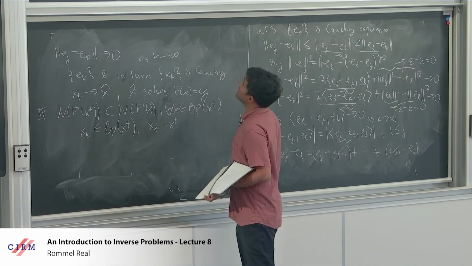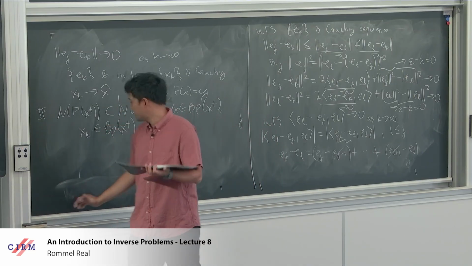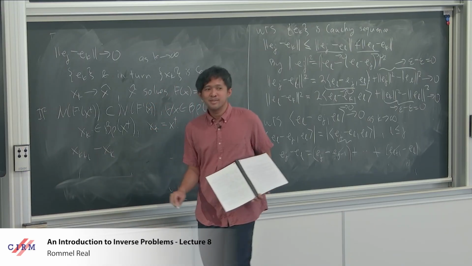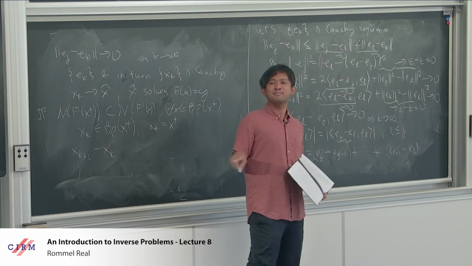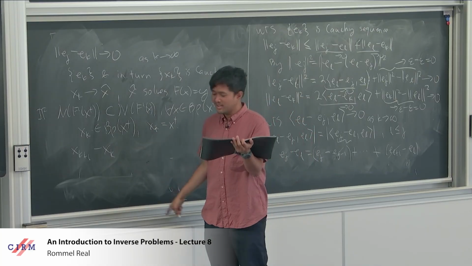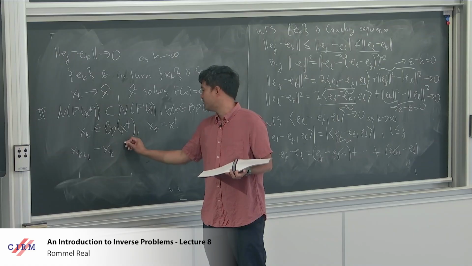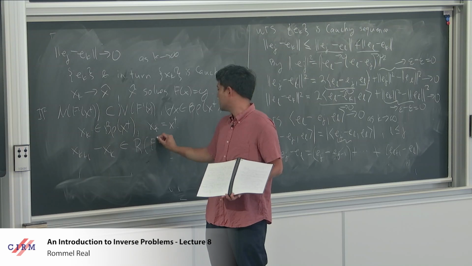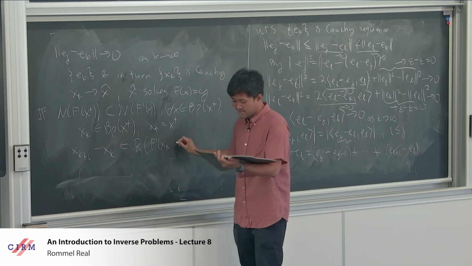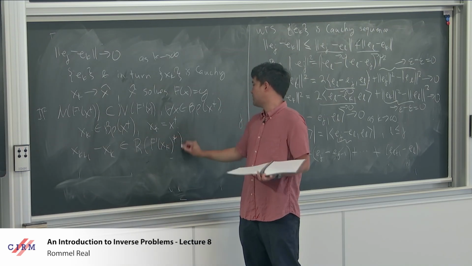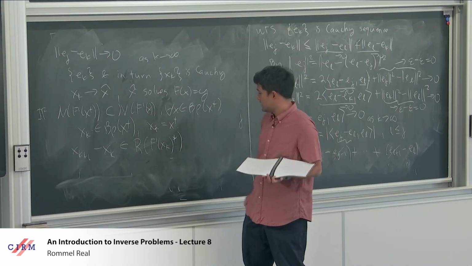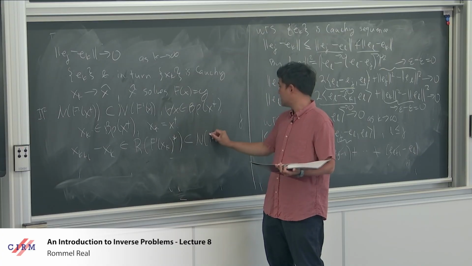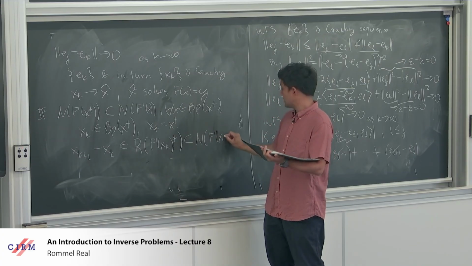From the definition of the Landweber iteration, we know that xk plus 1 minus xk, because it's in terms of f prime of the iterate with the adjoint, is contained in the range of f prime of xk adjoint. And then from linear algebra, this is contained in the null space of f prime of xk.